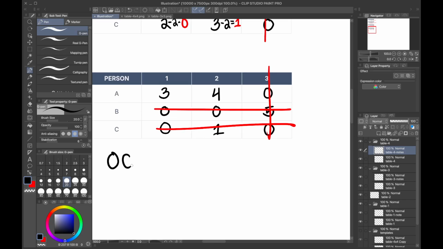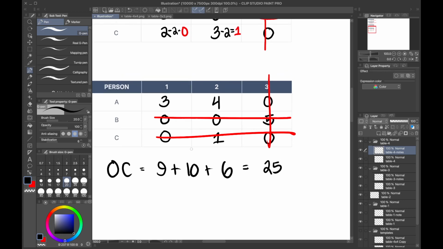Let's just put here OC, 9 plus 10 plus 6 is 25, right? Now, this is the optimal cost if the assignments were this, right? However, let's try to find other assignments and maybe there's a lesser answer.